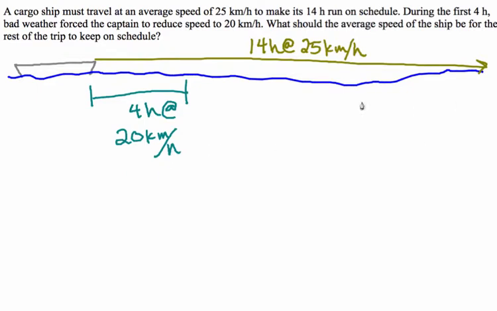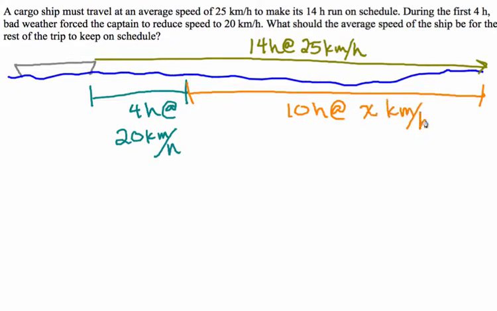Now the question is, for the last 10 hours, how fast do they need to travel to make up the time they lost earlier? So 10 hours at what speed? This is our unknown, x kilometers per hour. How fast do they need to travel to still make it there on time?